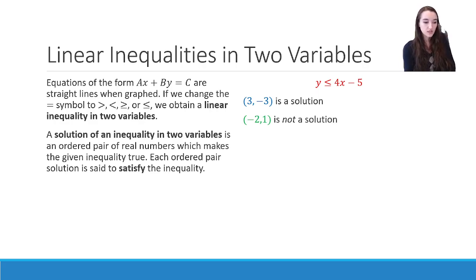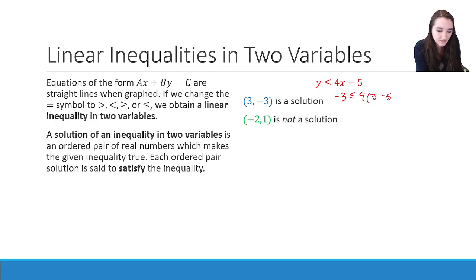So for example, here, 3 and negative 3, x equals 3, y equals negative 3, is a solution because if I plug this in, and again, make sure to pay attention to which is x, which is y, so this is negative 3 is less than or equal to 4 times 3 minus 5, like so. So that will be negative 3 less than or equal to 12 minus 5. 12 minus 5 is 7, so negative 3 is less than or equal to 7.